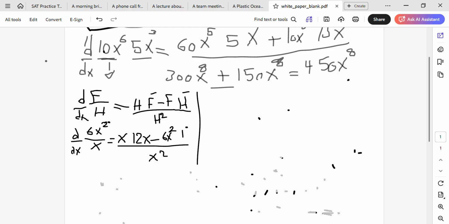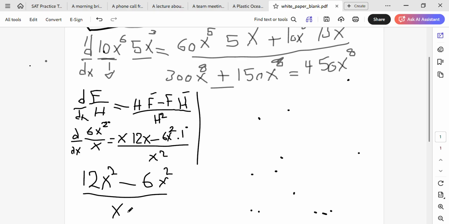Because 6x squared times 1 gives the same variable, since any number multiplied by one gives the same number.